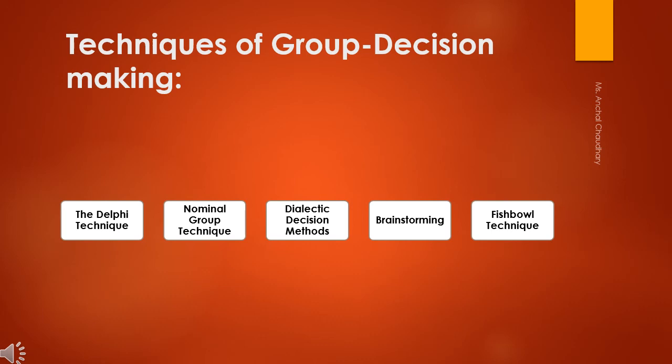The replies of all the members to the questionnaire are summarized and feedback is sent to them for review. They are asked to make the decision again in view of the additional information, and this continues until you get the best solution of the problem, repeated again and again.